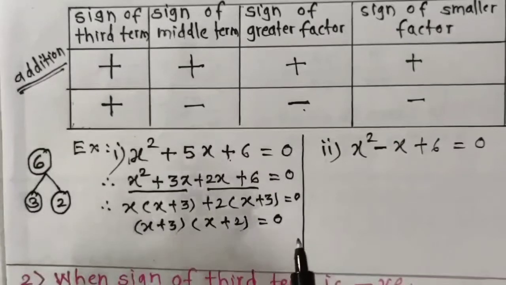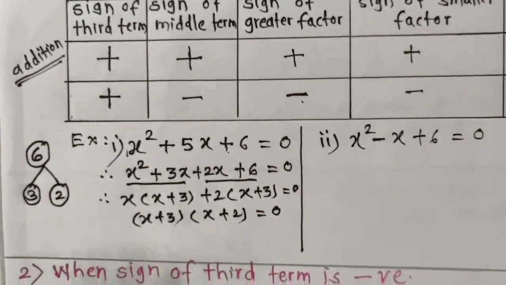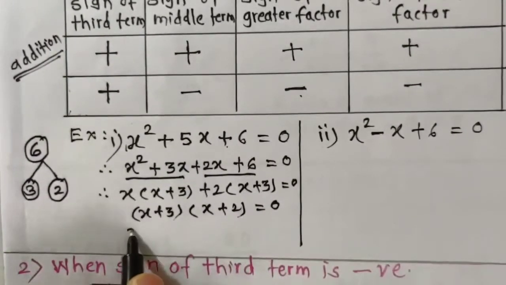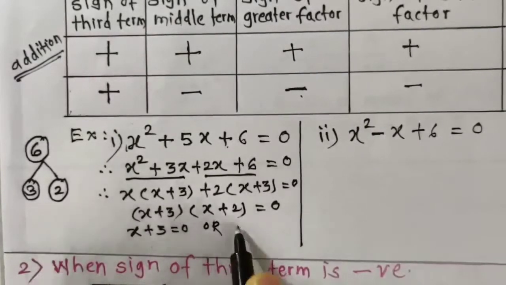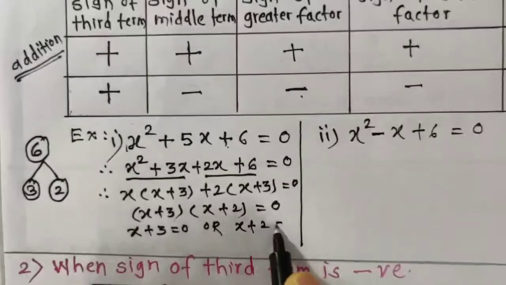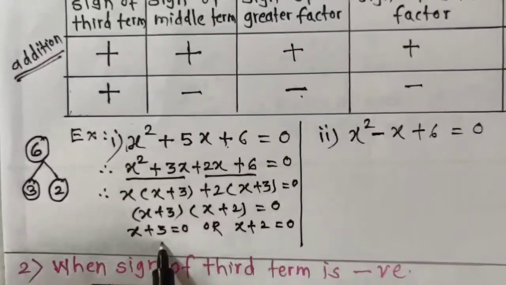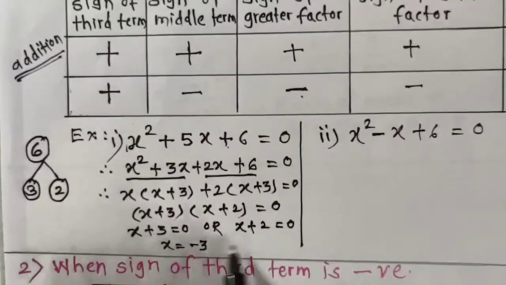Whenever the product of two terms is 0, then either the first term is 0 or the second term is 0. Therefore x is equal to minus 3 or x is equal to minus 2. That is the solution of that equation.